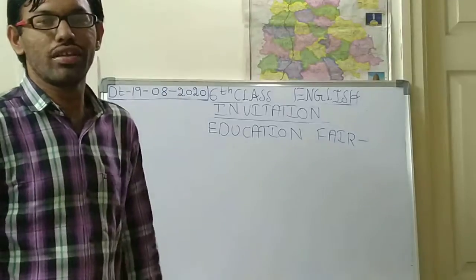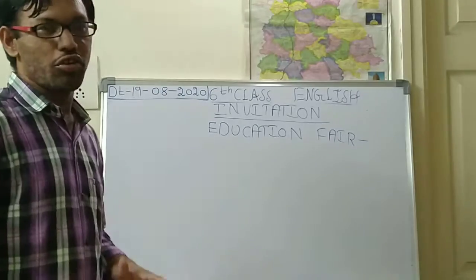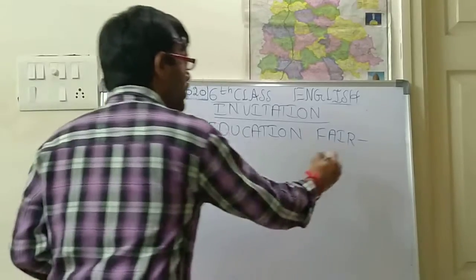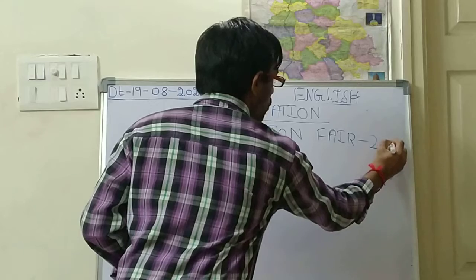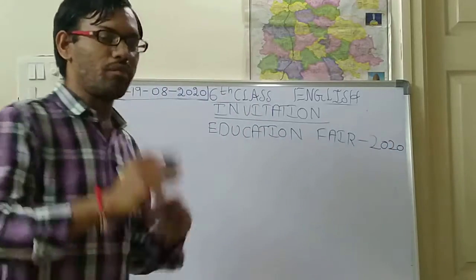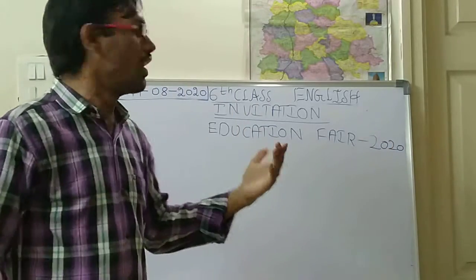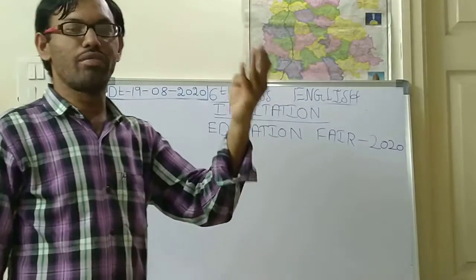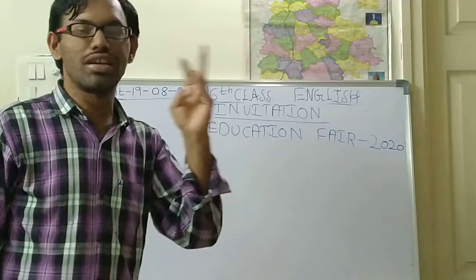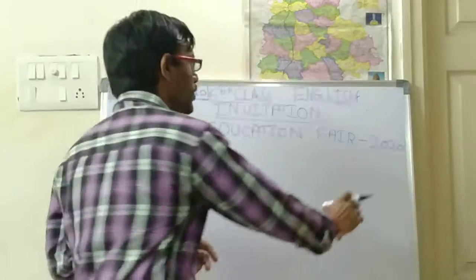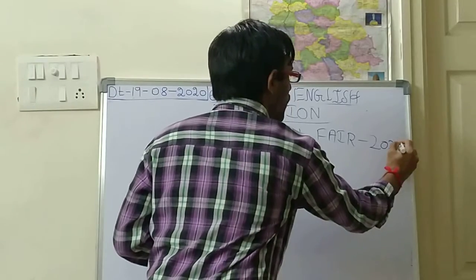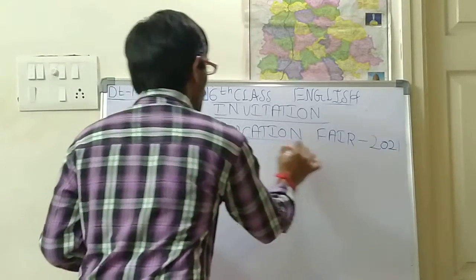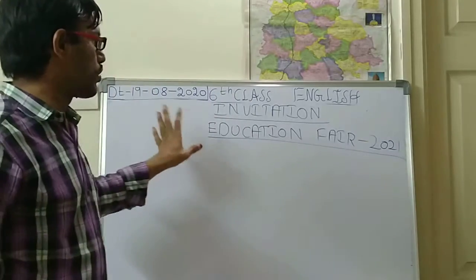Suppose you are doing the education fair in 2020, you should keep 2020. Generally education fairs are done in January, February or March, mostly January or February. So if it is January or February, you should keep 2021. Education fair 2021. Like this you should mention.